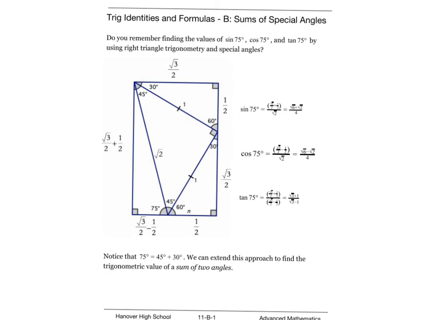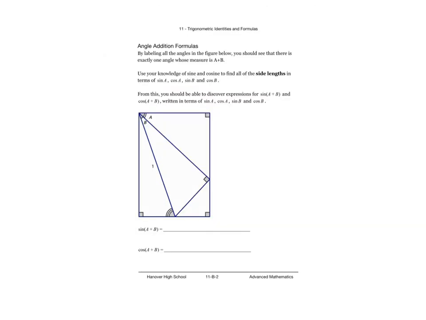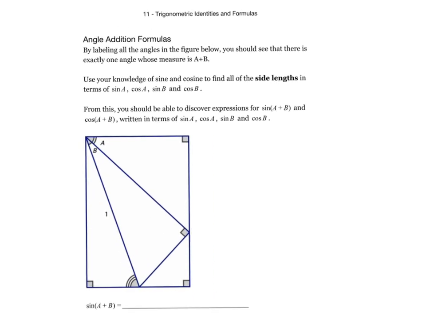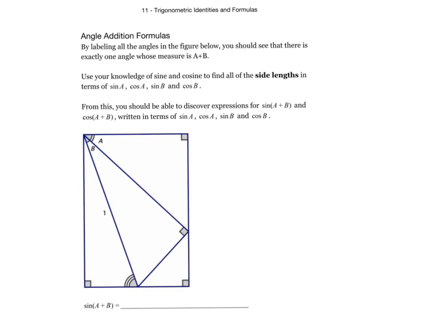So this was a case where we're getting the sine, cosine, and tangent of 75, but it turns out that 75 degrees is the sum of two angles that are in the unit circle. So we want to generalize this result. So on to page 2. Now we have the same diagram, but we don't have any of the angles actually identified numerically.